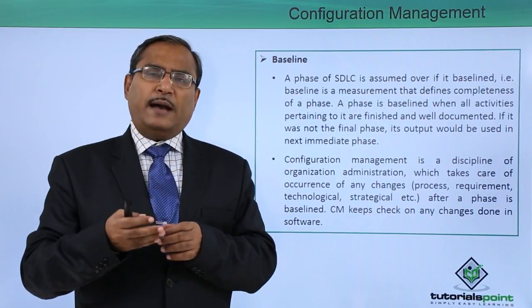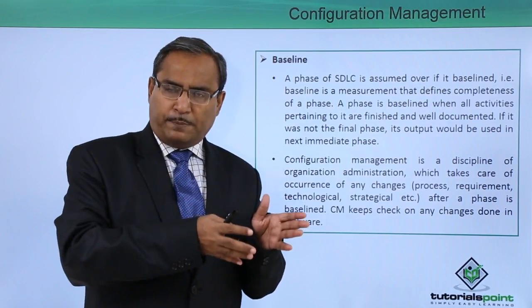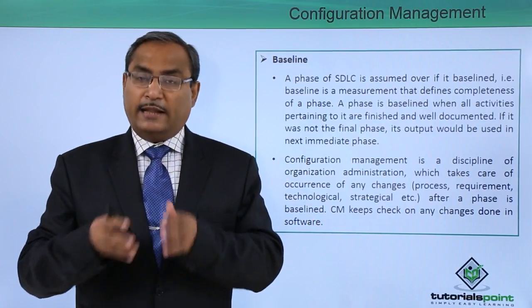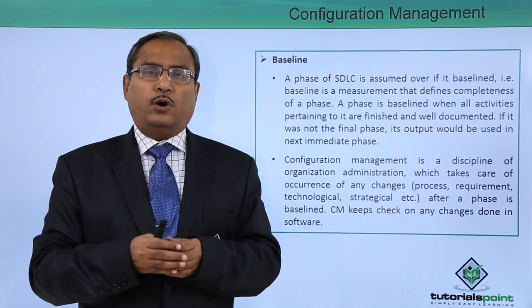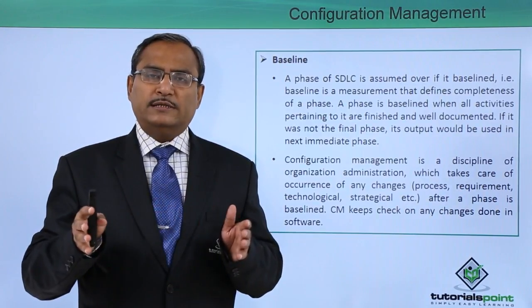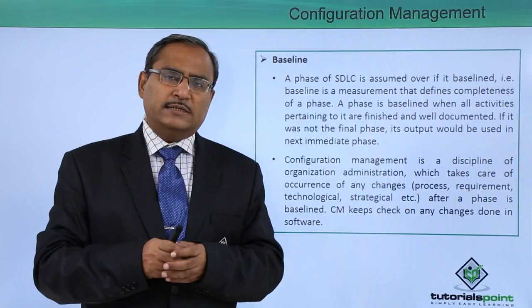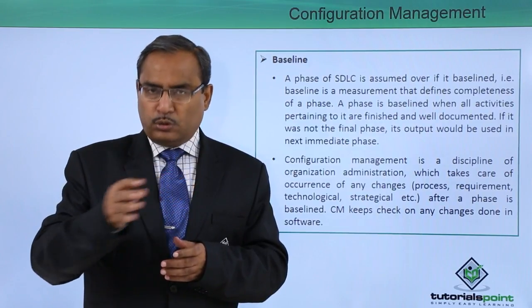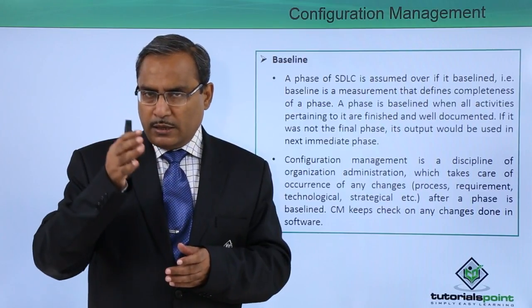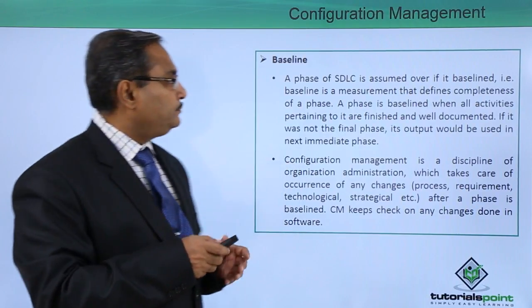Next time, if we have some updates, we will consider the prior baseline, and depending upon that we shall take decisions, and then the next baseline will originate. In this way, for a single project in its progress, we can keep multiple baselines to denote the respective progress of the software development process.